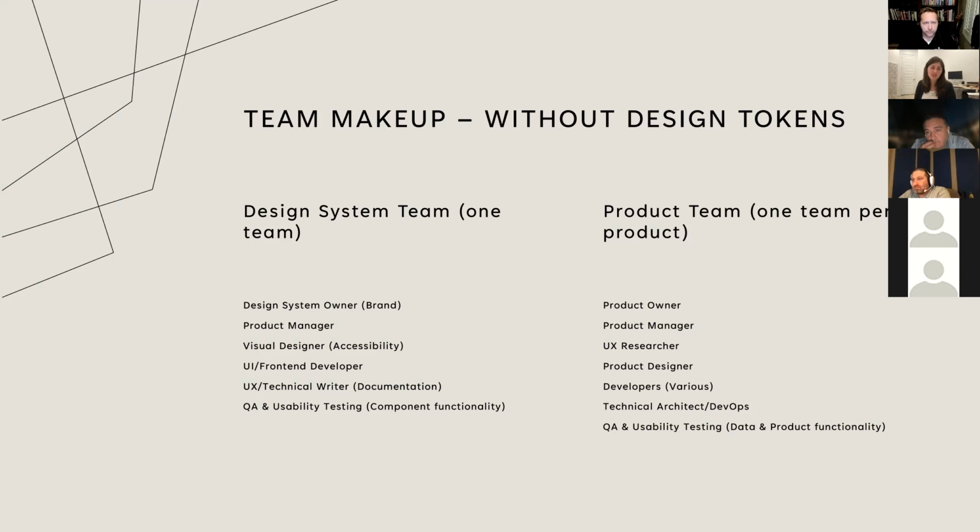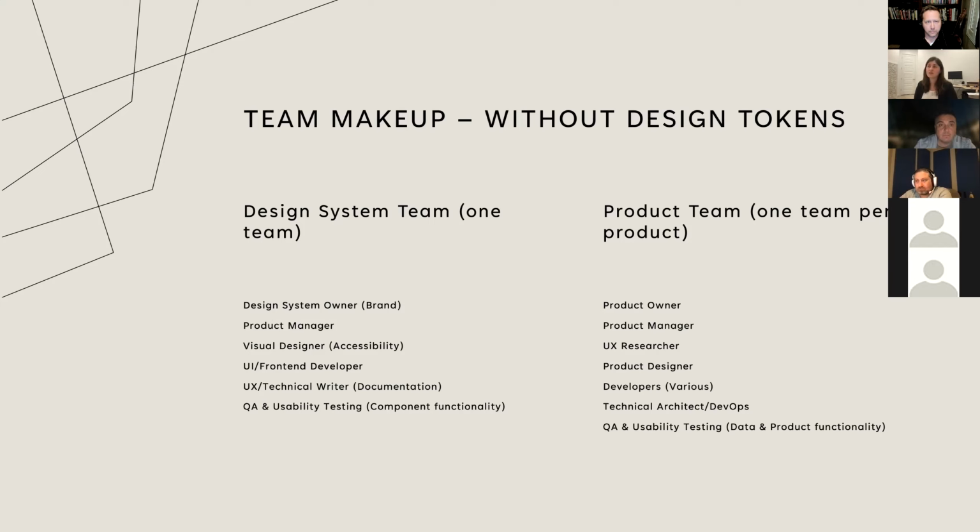You have a project manager to manage work and making sure things are done. Visual designer who also has a specialty with accessibility to make sure everything is built in a way that everyone can use it. UI or front-end developer who can build the code parts of the components. Technical writer for documentation, and QA and usability testing to make sure everything is functioning as intended.